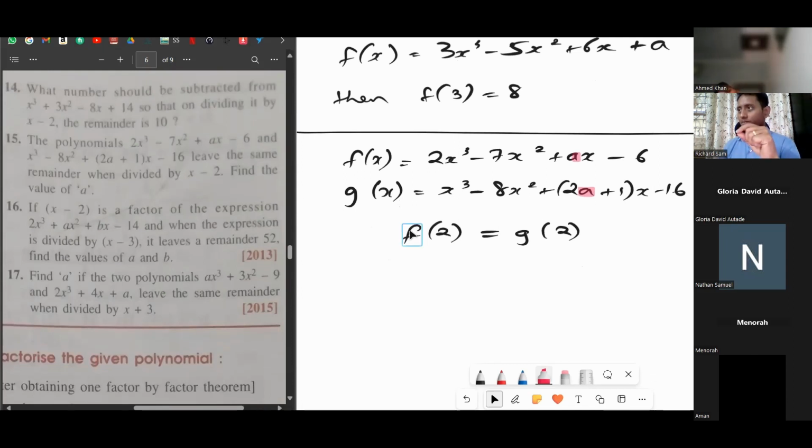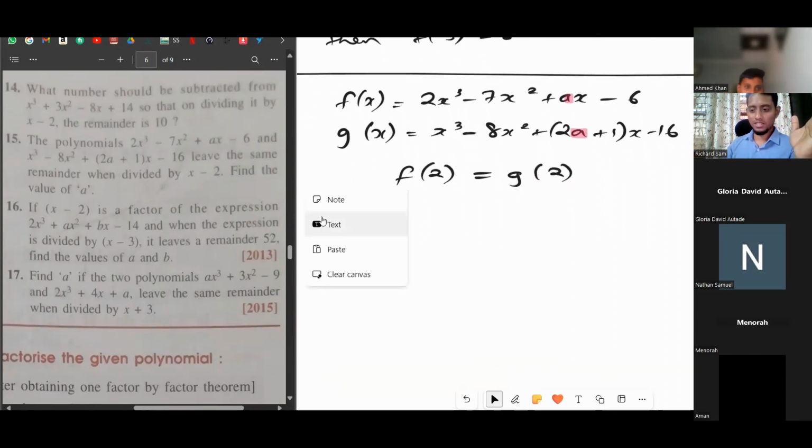According to the remainder theorem, when f of x is divided with x minus 2, the remainder is f of 2, and when g of x is divided with x minus 2, the remainder is g of 2. Therefore, since the remainders are equal, f of 2 is equal to g of 2. Did you understand the story here?